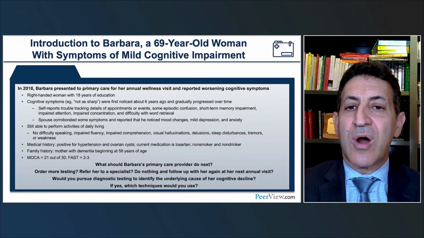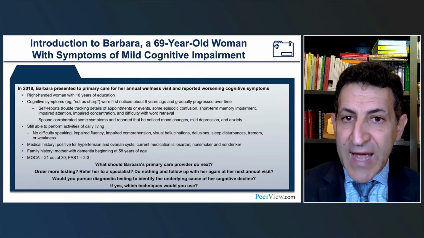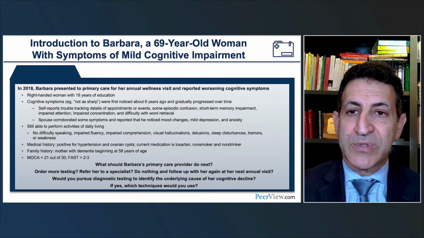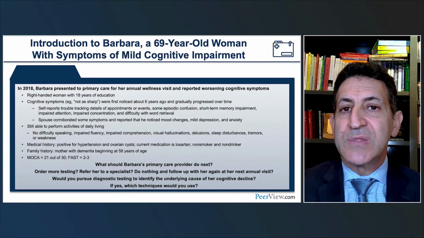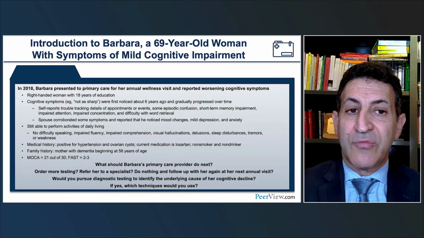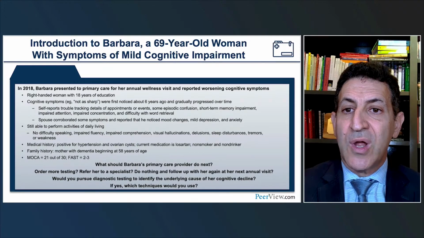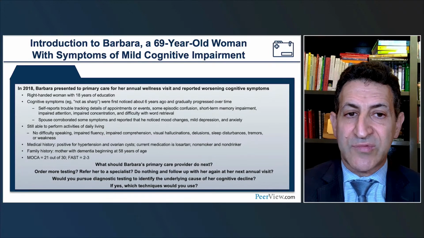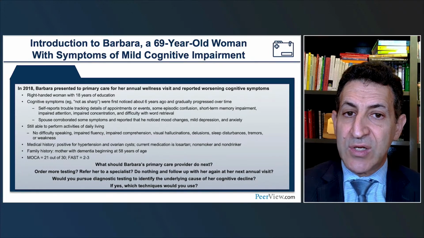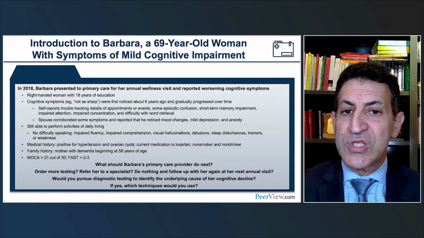So let's start our conversation today by looking at a patient of mine, redacted and changed for the purposes of this conversation. This is Barbara. She's a 69-year-old female with symptoms of mild cognitive impairment. A few years ago, she presented to her primary care physician for her annual wellness visit and reported worsening cognitive symptoms. She has 18 years of education. She is right-handed. Her cognitive symptoms were, she's not as sharp.